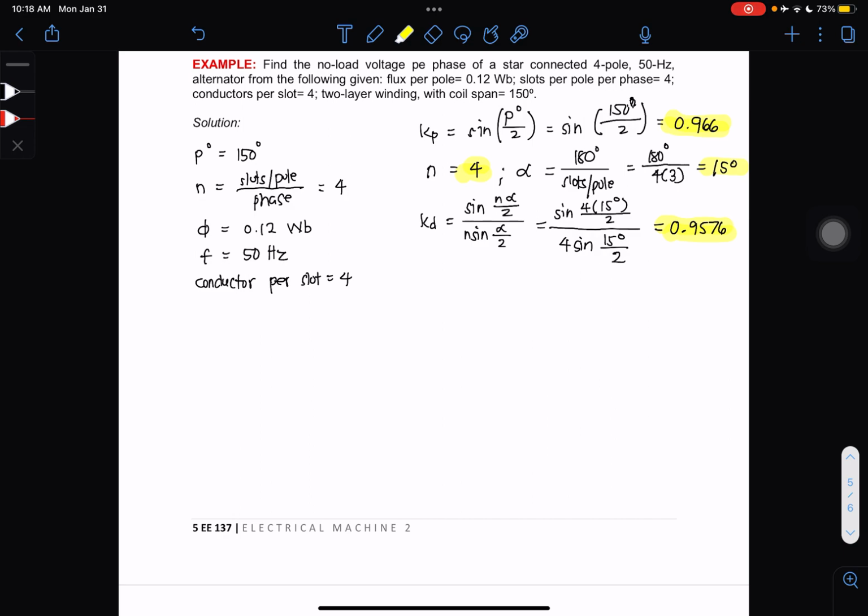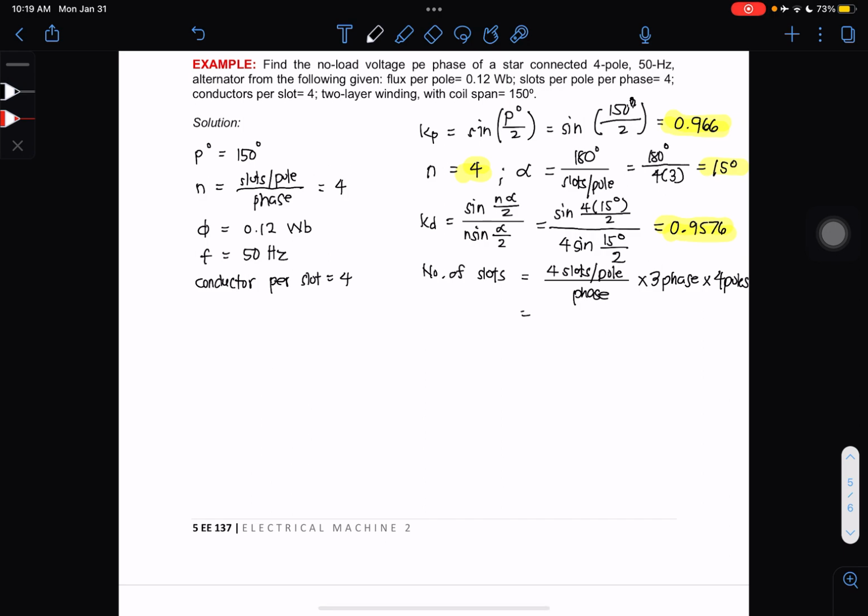Next, since it is 3-phase, we need to solve for the number of slots. We have 4 slots per pole per phase, times 3 phases, times the 4 poles of our problem.